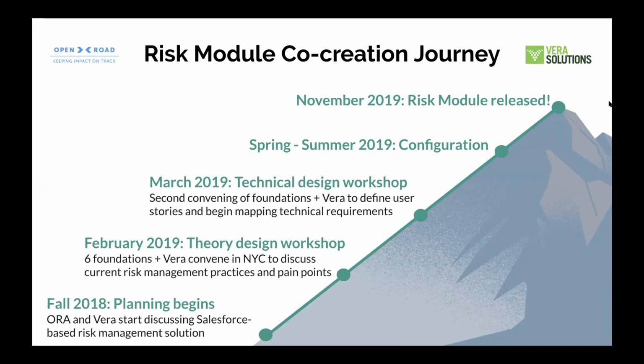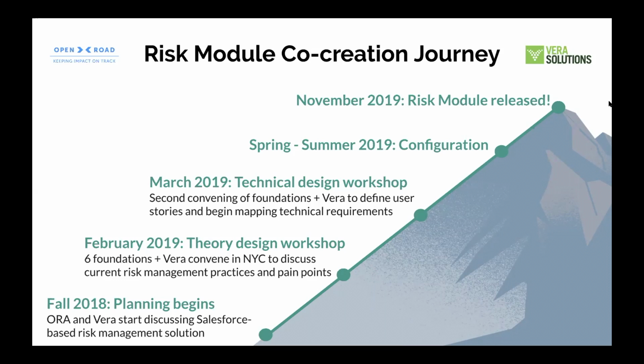We reached out to Vera, we got together, and one of the things we really wanted to do with this first generation risk management software is design something that in theory could work across our sector. So we brought together 6 foundations that really represented the diversity on the funder side of the impact sector.